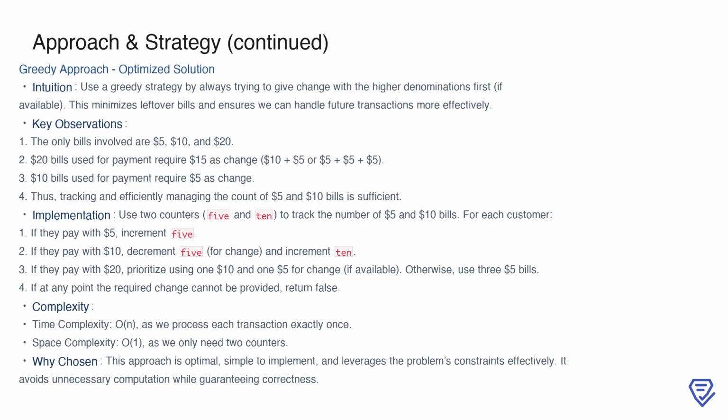If at any point we cannot provide the required change, the function returns false. This approach is highly efficient, with a time complexity of O(n), as each transaction is processed once, and a space complexity of O(1), since we only use two counters. It's a simple and effective solution that leverages the constraints of the problem.